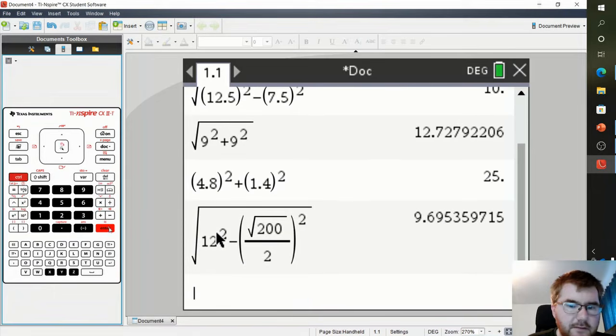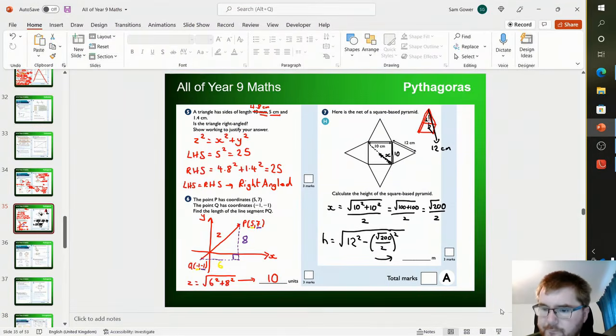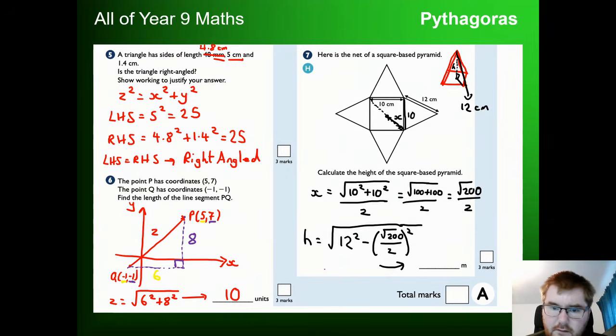Everything is where it should be. And we get our final answer of 9.695. Let's pop that in. 9.695. And if we round that then to two decimal places, we get 9.70 as our final answer.